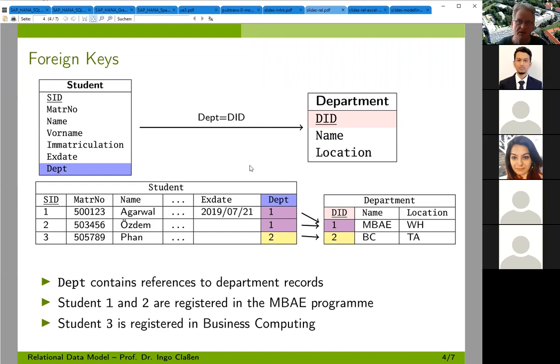So the correctness of a data model is not a general property, but depends on your business domain.